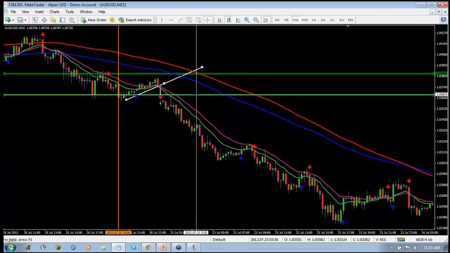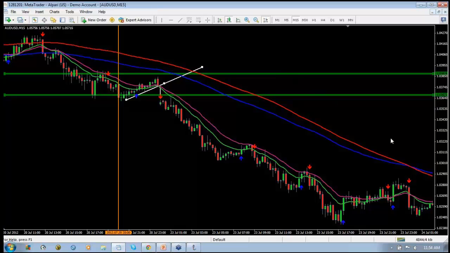Okay. Now this was a weekend gap right here. This was a weekend gap, and when the market opened, it gapped down. Okay. So what do we do? Well, let's assume that the market didn't gap down, and let me be a little tricky here.